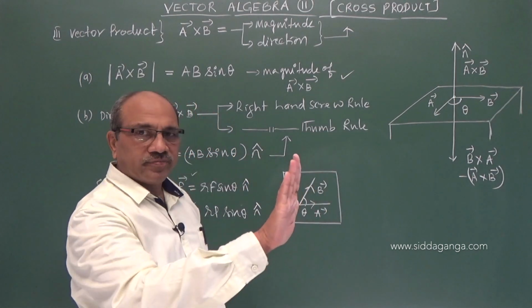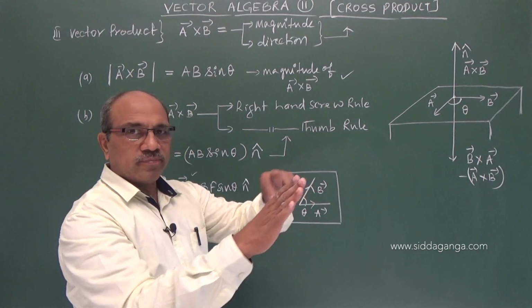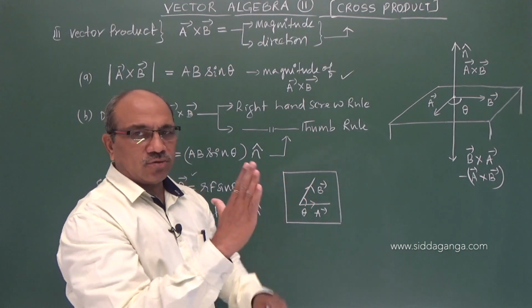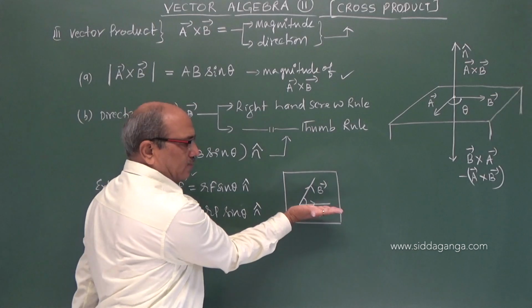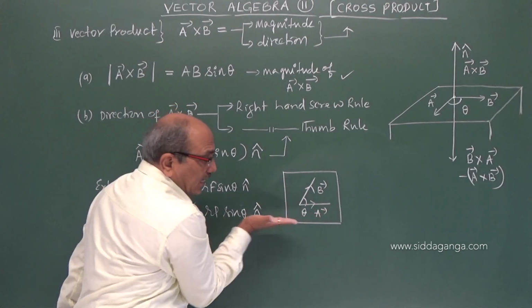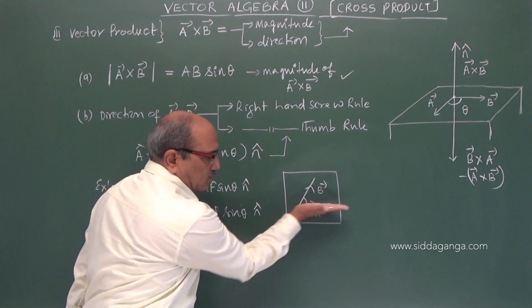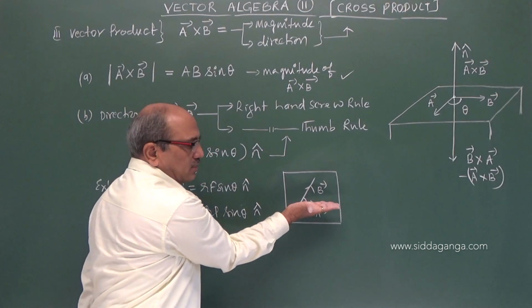Now the right hand, it has the thumb. All other fingers you have to stretch and keep on the vector A, in the line of A. The thumb is as it is.